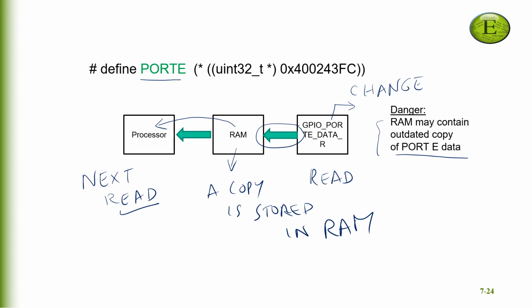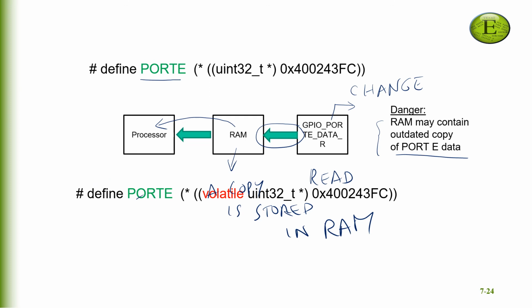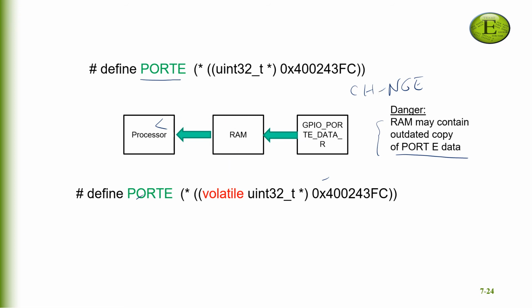Therefore, what we do is we apply a qualifier known as volatile to avoid the situation. In order to avoid this danger, we declare a pointer to an unsigned 32-bit integer which is volatile.